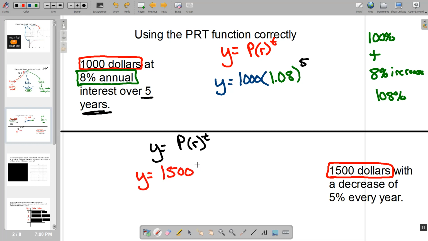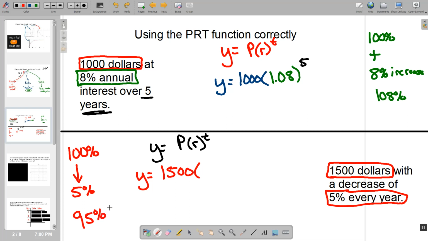Now this time we want a decrease of 5% every year. So if we start with 100% and then we want to decrease 5%, that means we are left with 95% every year. 95% written as a decimal would be like this.